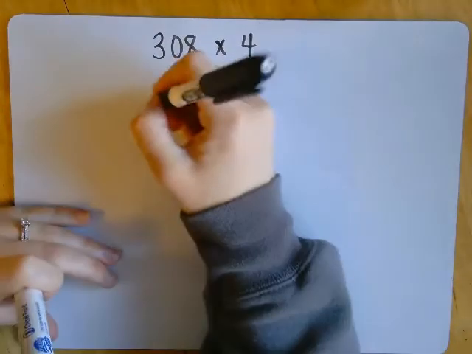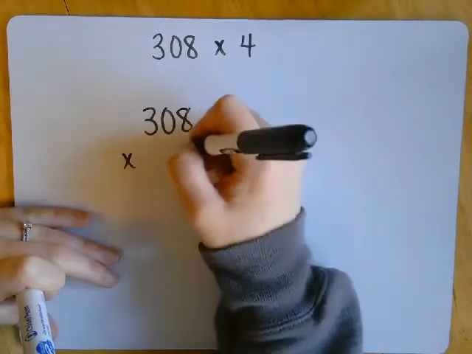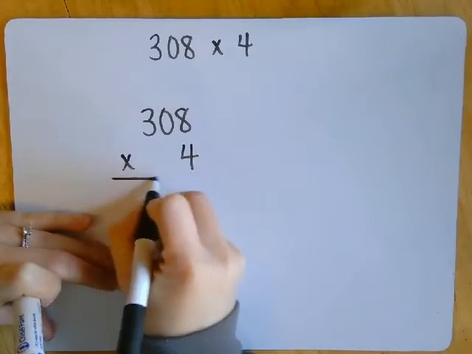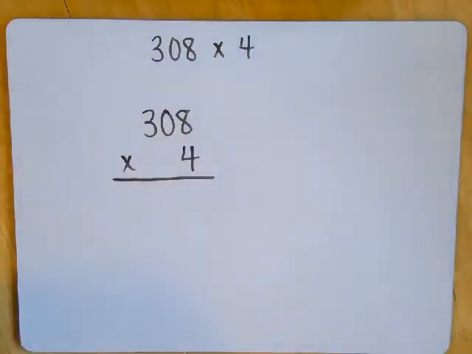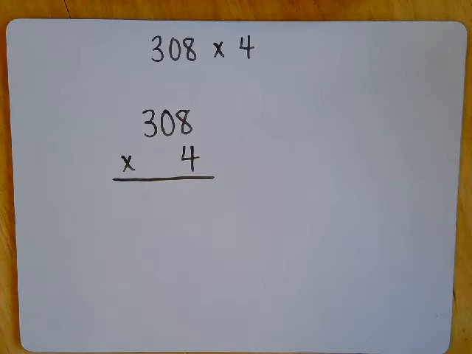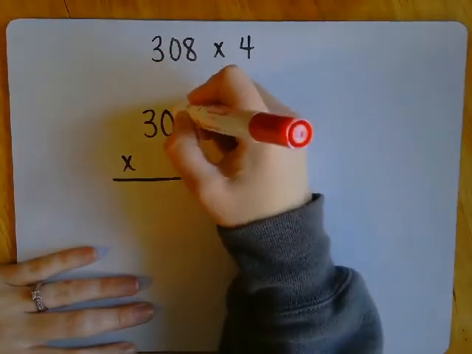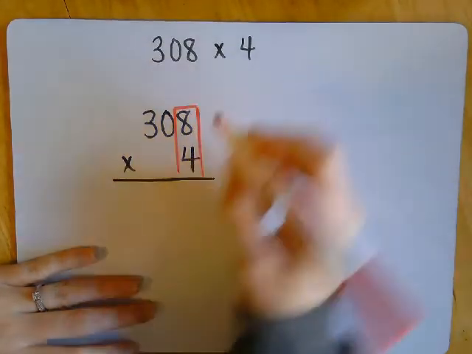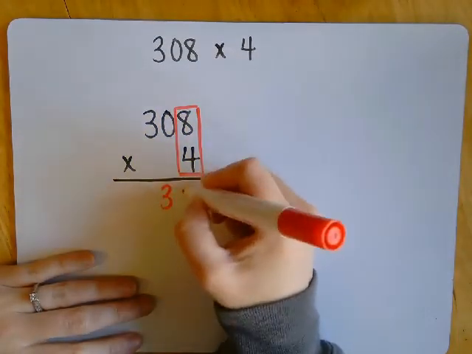I'm going to set this up like this, and then look at each part using the partial products. So I always start in the ones place. So I'm going to solve 8 times 4 first. I know 8 times 4 is 32.